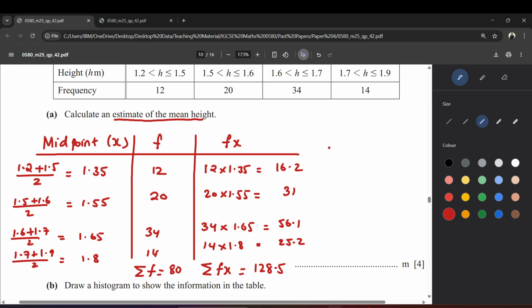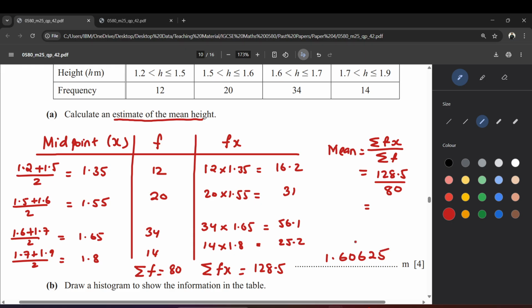Now in order to calculate mean, we will use the formula sigma fx divided by sigma f. So the sum of fx values, which is 128.5, divided by 80, gives us 1.60625.